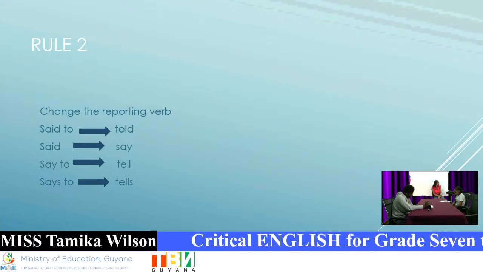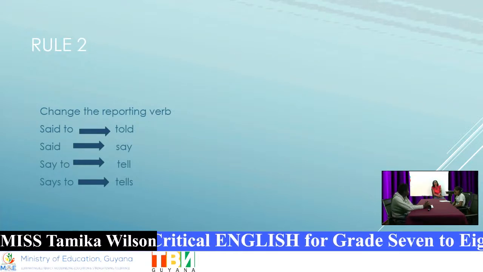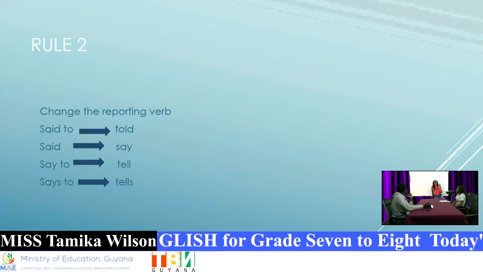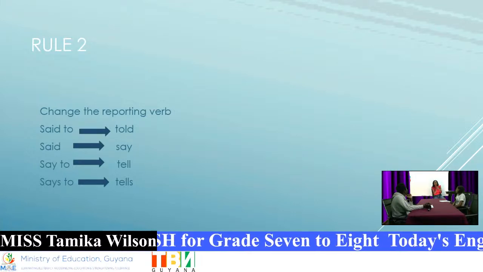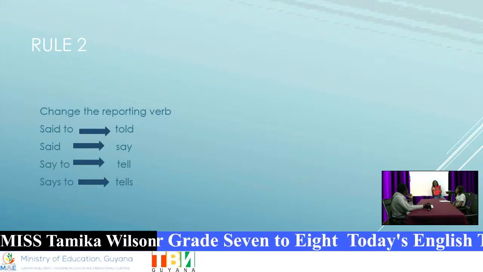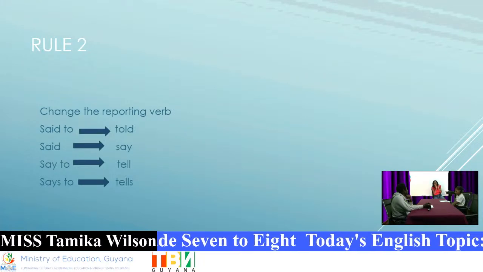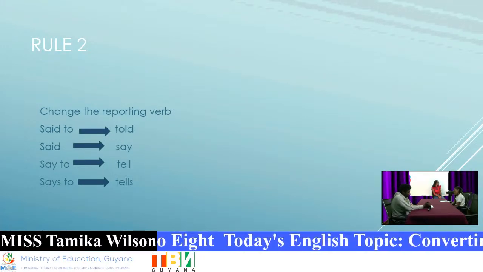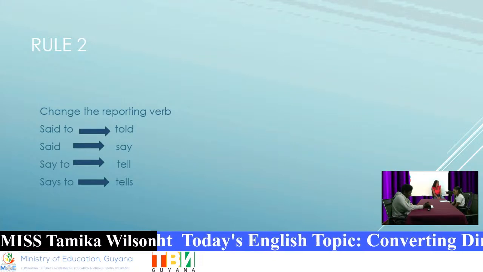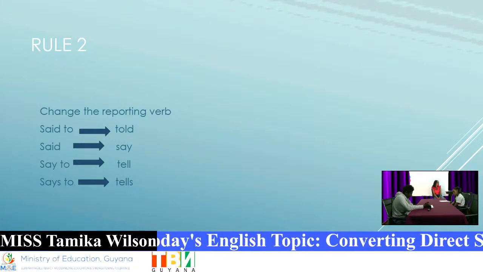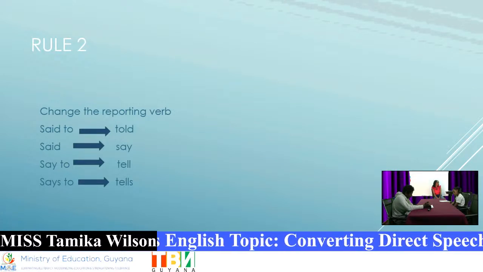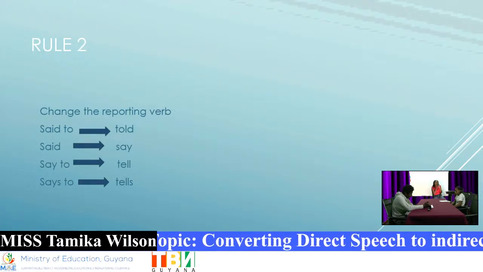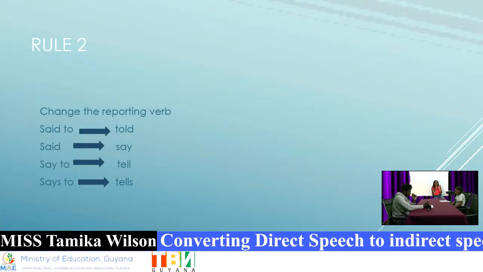Change the reporting verb. So when we move from direct to indirect, the verb "said to" becomes what? Told. It's in your handout. "Said to" becomes "told," "say to" becomes "tell," and "says to" becomes "tell."